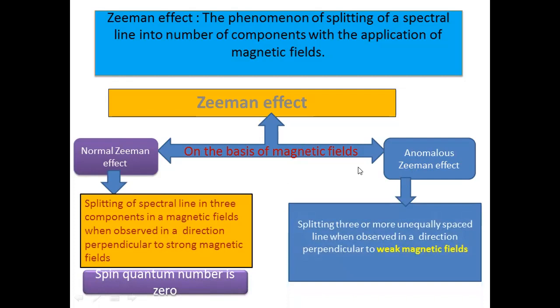In the presence of a weak magnetic field, we only observe the anomalous Zeeman effect, where the spin quantum number is not zero, and we discuss it with the help of a diagram.